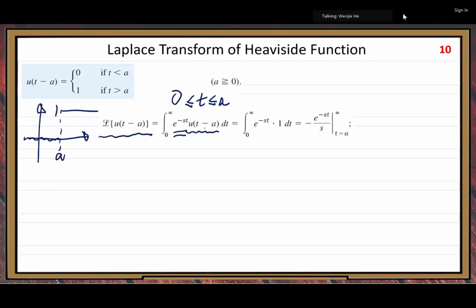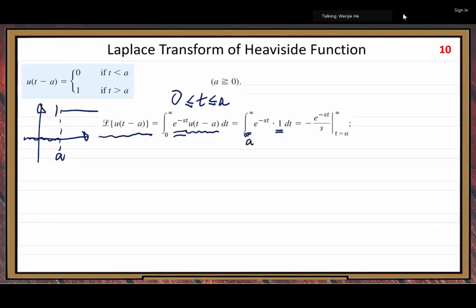Then the integral part is 0, it's gone. When you start at A you get the value 1, so this lower limit should be A, not 0.